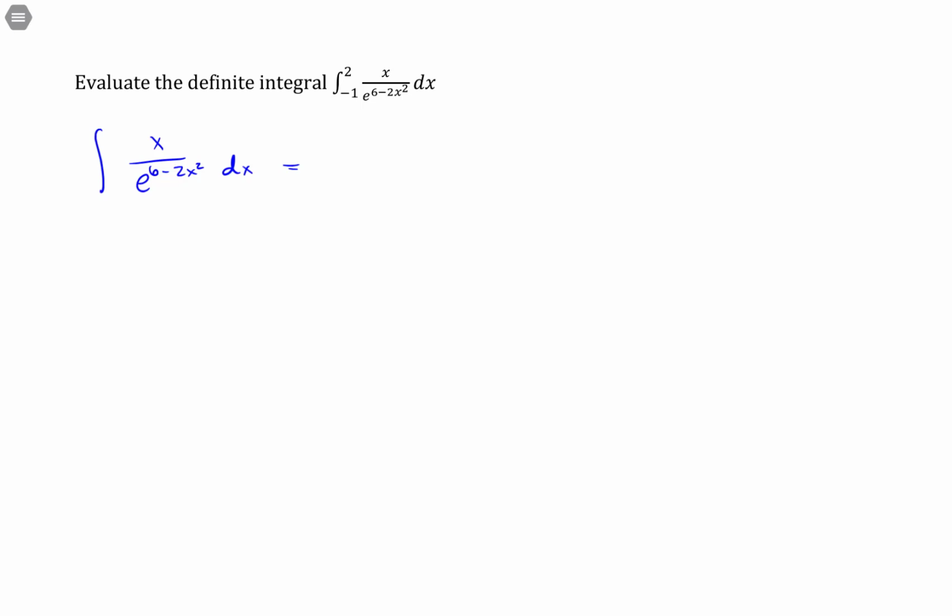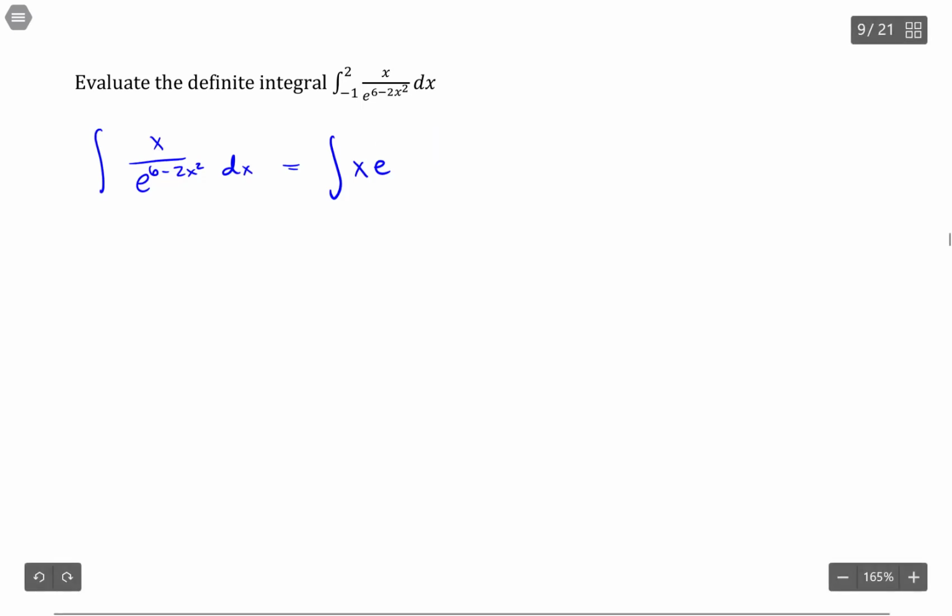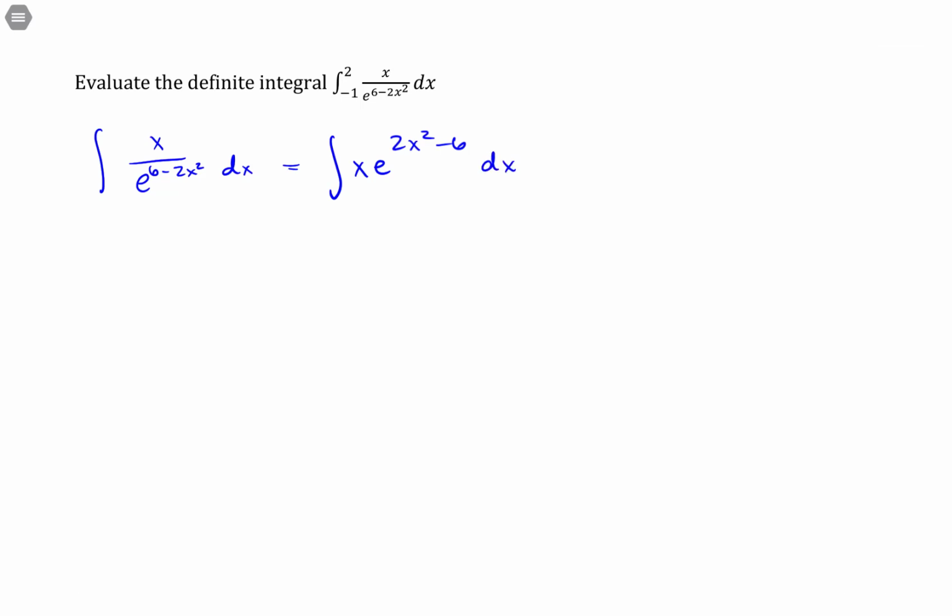It's always going to be best if you can rewrite this with a negative exponent. So that would be e to the -6 plus 2x squared, or what's nicer is just rearranging those terms and calling it 2x squared minus 6. That's going to help out.